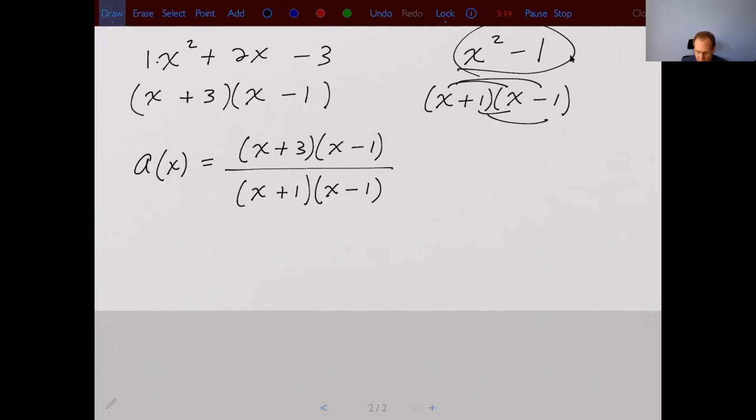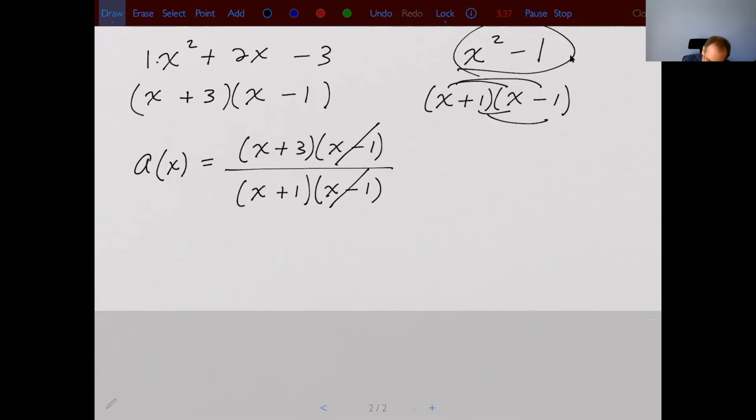But it turns out the vertical line x equals 1 is actually not a vertical asymptote because these two factors of x minus 1 can cancel, right? These actually cancel. The function itself is definitely undefined when x equals 1, but it's not a vertical asymptote because those two factors cancel. So what does that mean?